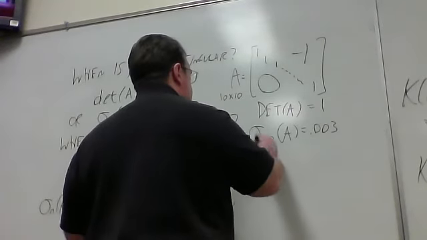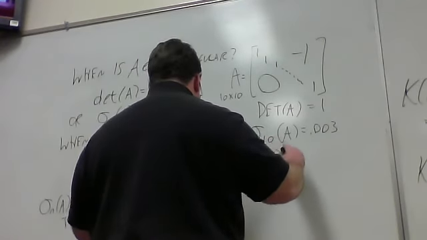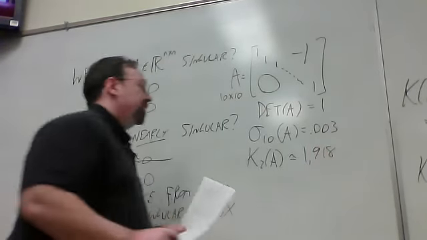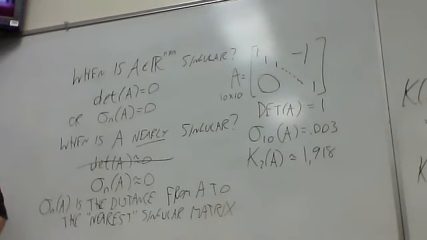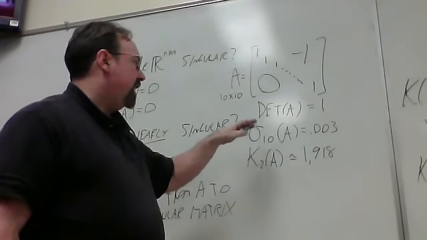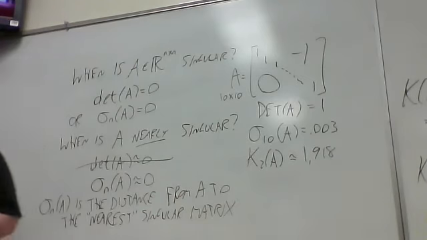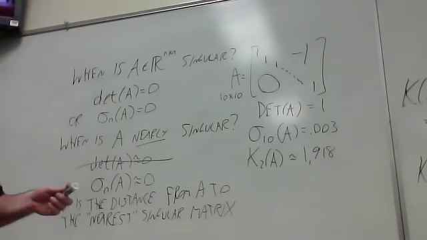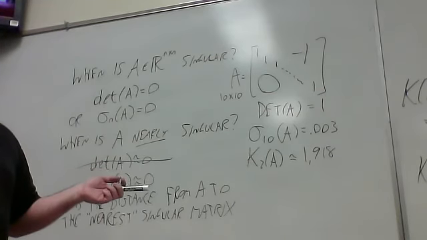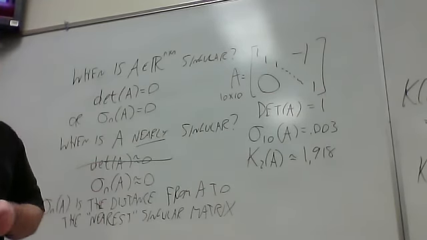And in fact, the condition number in the 2 norm of A is nearly 2,000. So this is definitely not a well-conditioned matrix. In fact, what I can do is make a slight change to A, where the entries change so little you don't even notice a change in the 2 decimal places, and the matrix actually is singular.